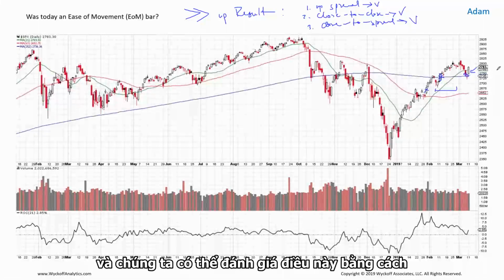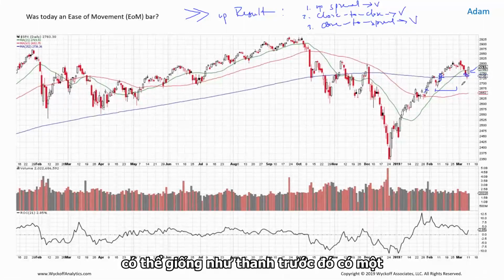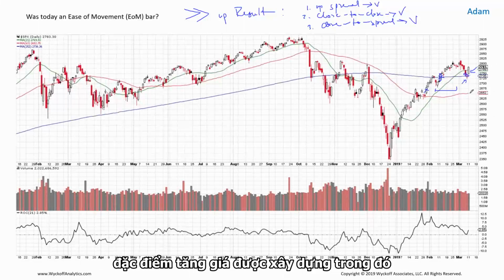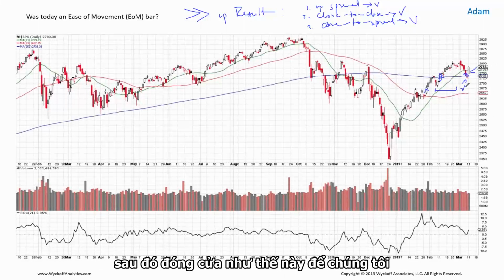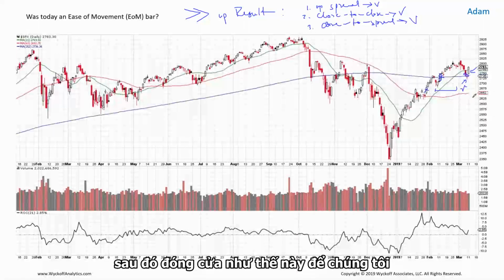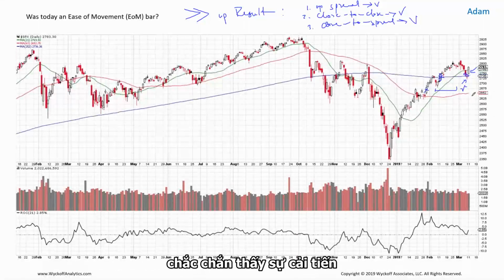And we could probably judge this by maybe the previous bar that has a bullish characteristic built in it. The price has gapped down on the open, went down, and then closed up like this. So we definitely see the improvement both on the close to close and close to spread and up spread and so on and so forth.